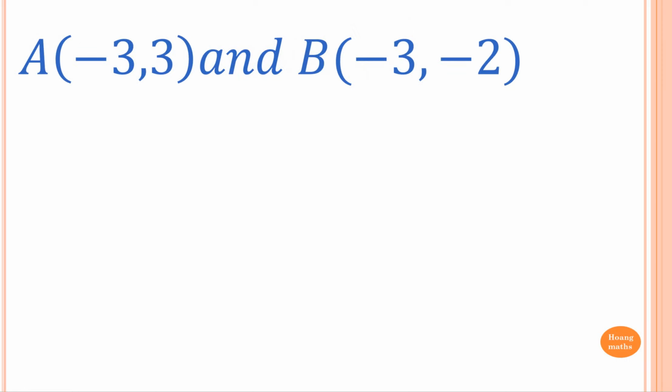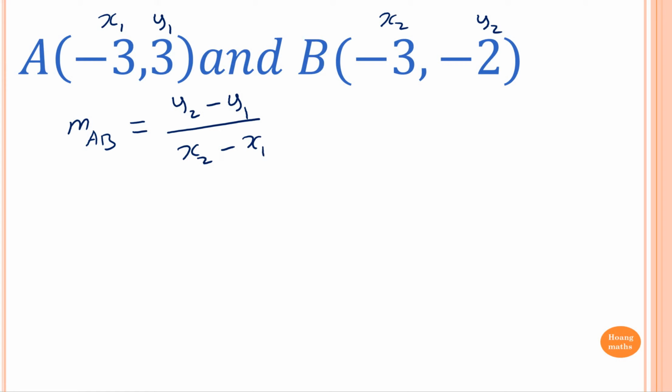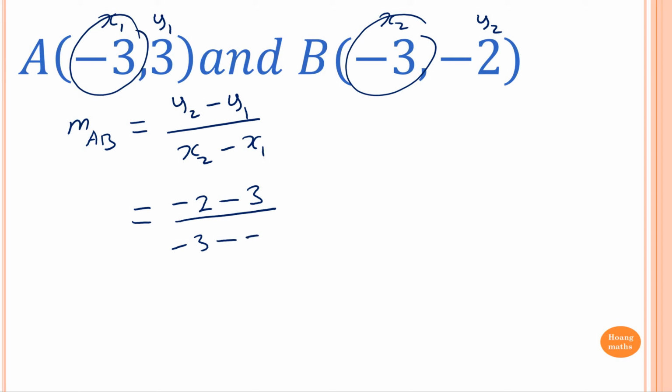Now, to find the gradient of AB, we name this x1, this y1, this x2, this y2. So the gradient of AB is y2 minus y1 all over x2 minus x1. So y2 is minus 2 minus y1 which is 3, all over x2 which is minus 3 minus x1 which is minus 3.